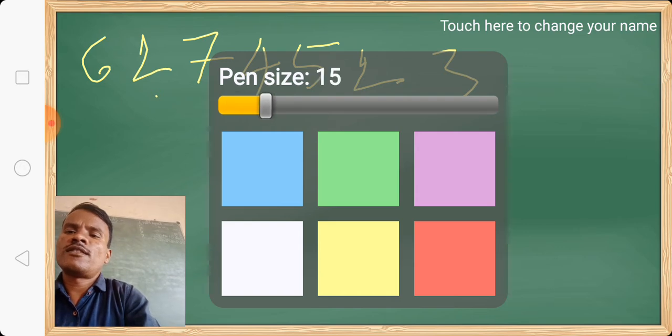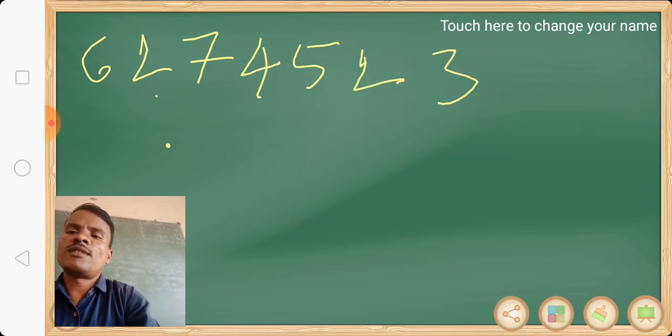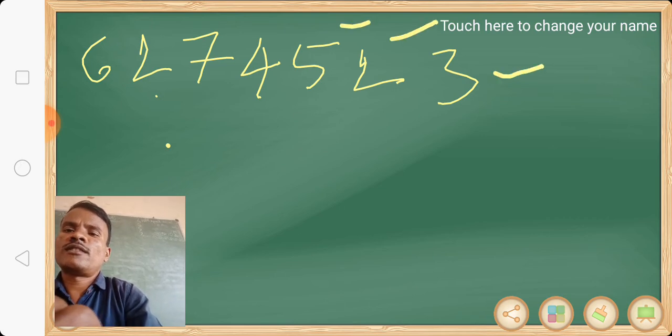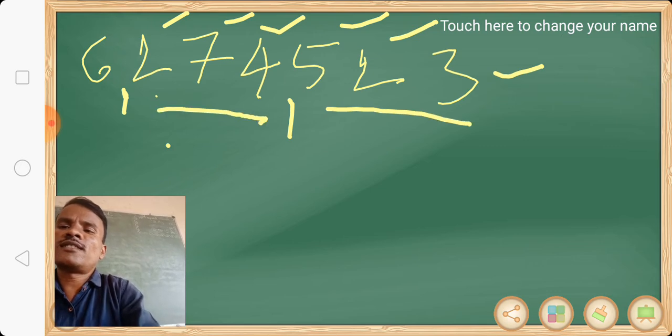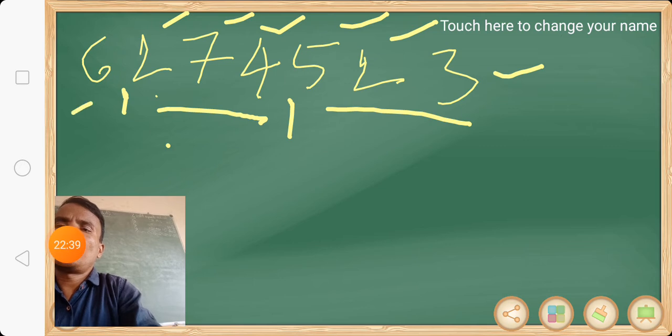Here we should give commas. First number, second number, third number. After the third number, you have to put a comma. Again 1, 2, 3, again we put a comma. This is ones, this is thousands, this is million.